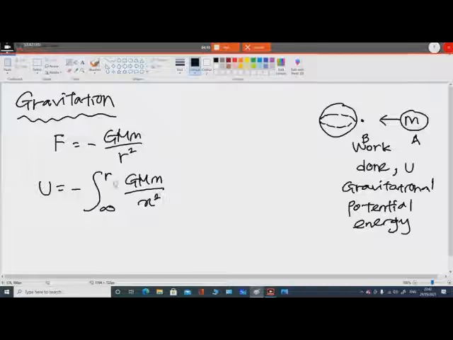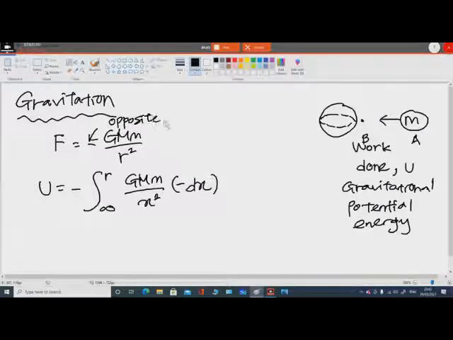To make it easier to understand, this dx is always opposing the increasing r. So this one will also be negative, since the gravitational force is negative, which is always opposite to the increasing r.